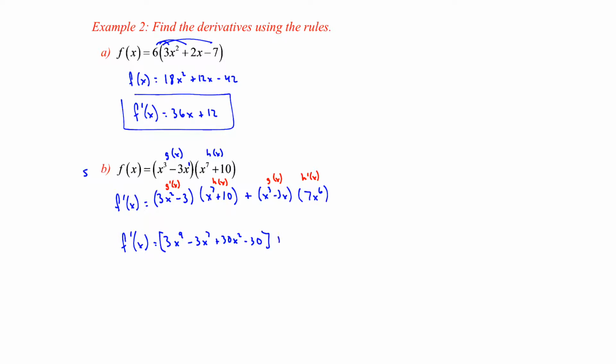So that's the first part, plus 7x to the 9th minus 21x to the 7th. And now combine your like terms. 10x to the 9th. Looks like we got minus 24x to the 7th plus 30x squared minus 30.